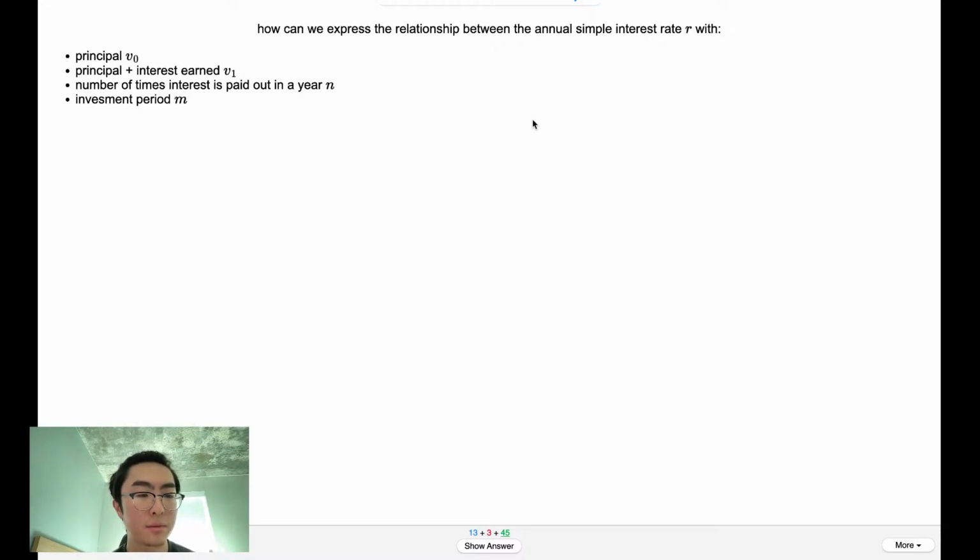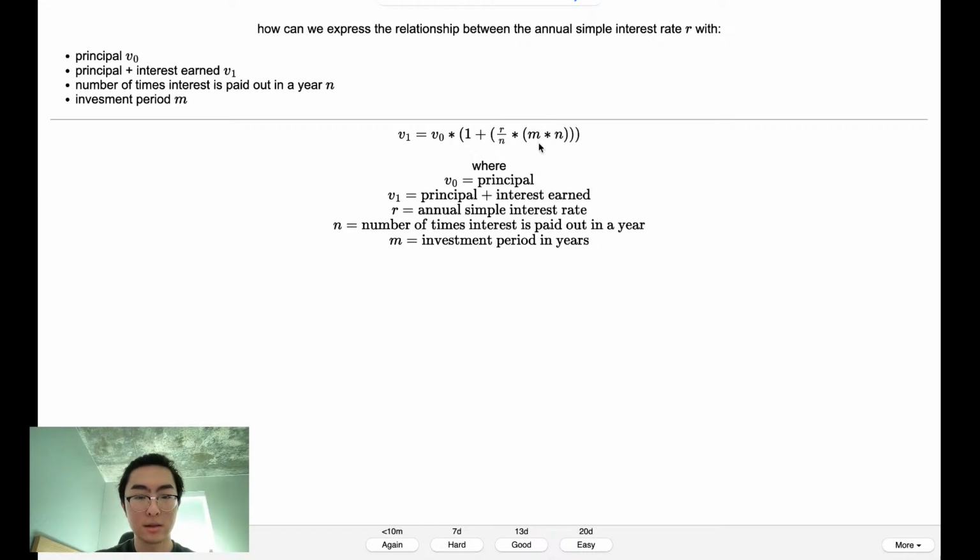We can show that the principal plus interest earned is equal to the principal times 1 plus r times m. And we can divide r by n and also multiply m by n. And so the number of times interest is paid out in a year cancels out.